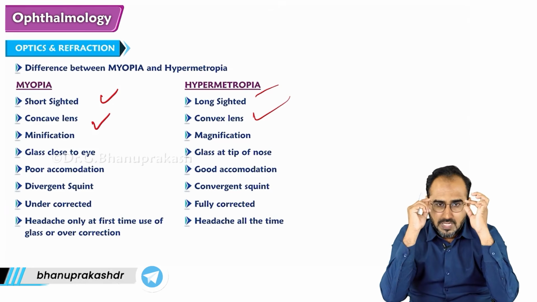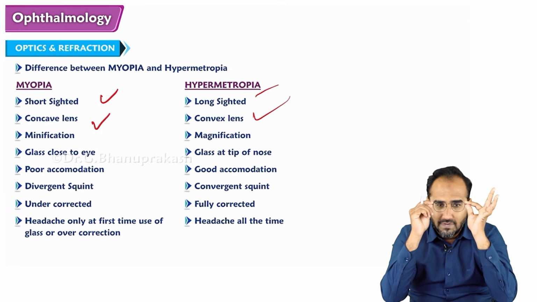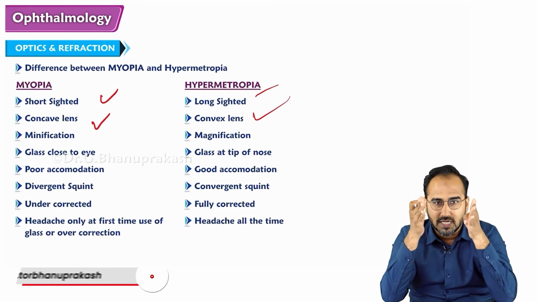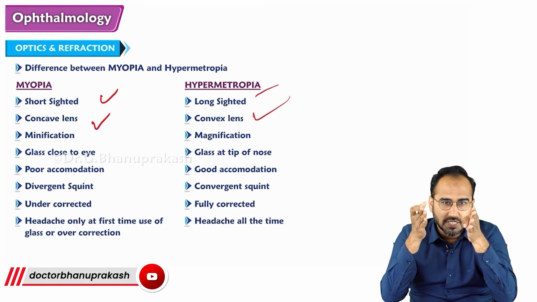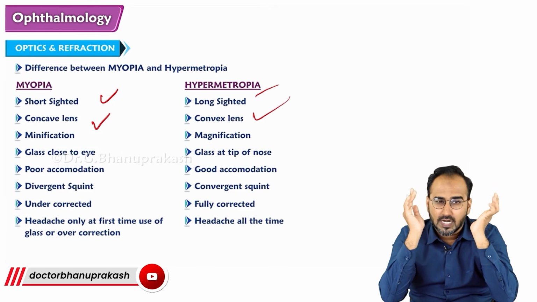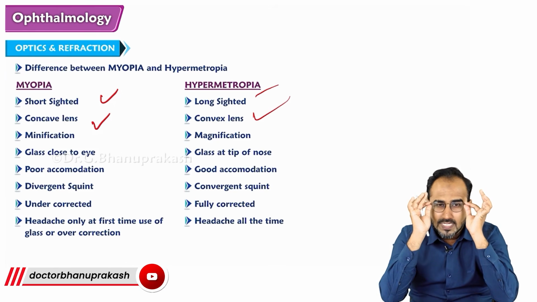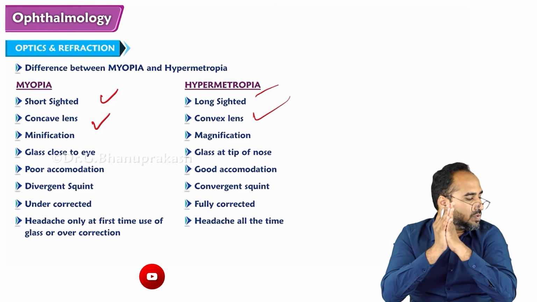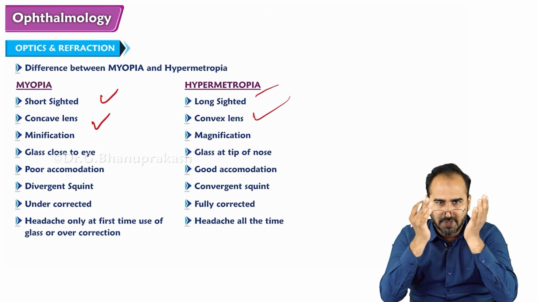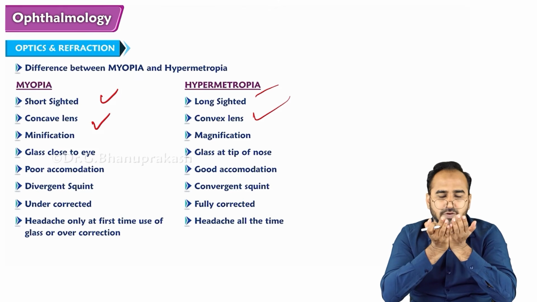Remember, guys, if you are a myopic, you will wear the glasses close to your eye. Why? Because you have to focus on the far things. Far things are not seen, right? So you have to wear glasses close to the eye. Whereas hypermetropics always wear glasses on the tip of the nose, reading glasses, because they just require them for near things.